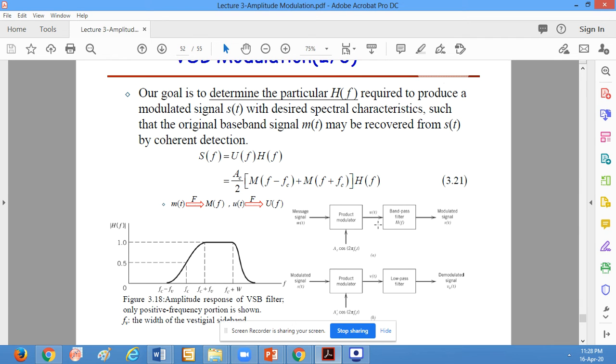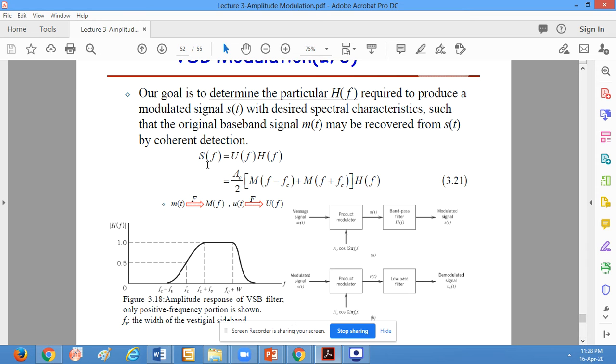This u(t) is passed through a bandpass filter that gives us the modulated signal. At the receiver side, we have the modulated signal given to the product modulator, with the carrier as the other input. The output here is v(t), and it is passed through a low pass filter, and we get the demodulated signal, that is the desired signal.